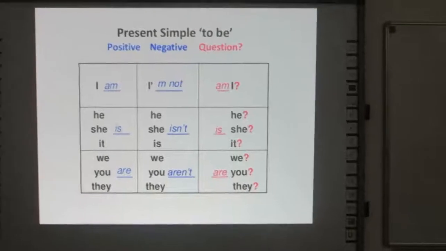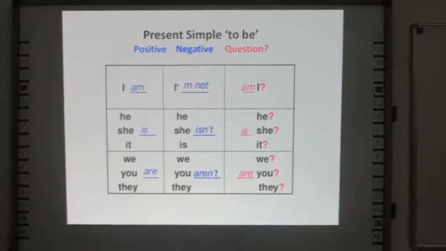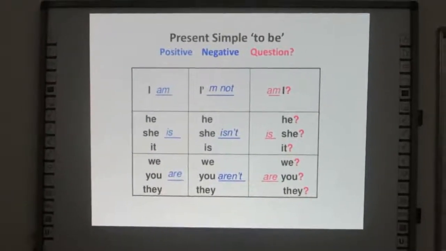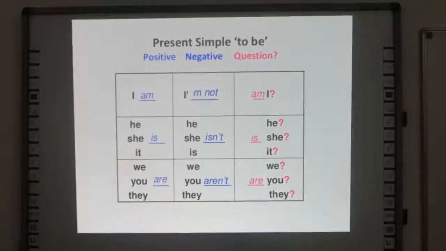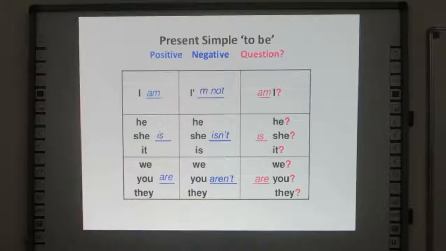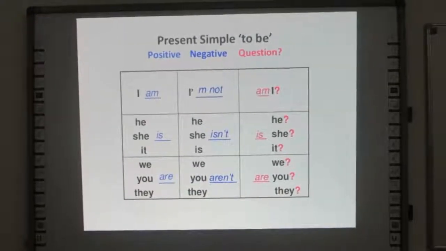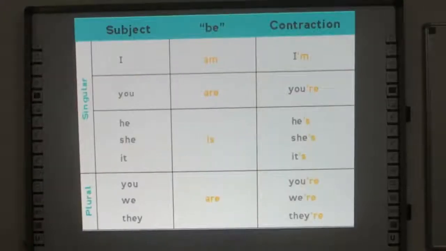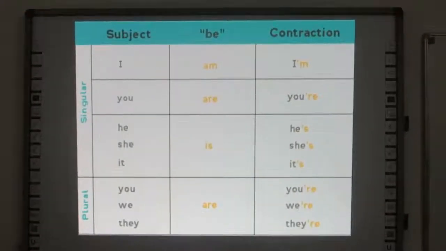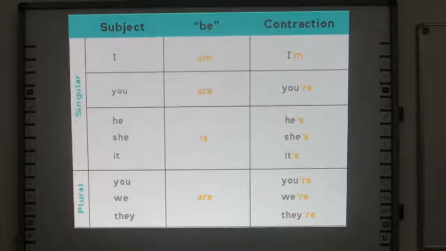Am I? Is he? Is she? Is it? Are we? Are you? Are they? In a spoken language, we usually hear shortened forms. I'm, you're, he's, she's, it's, we're, they're.